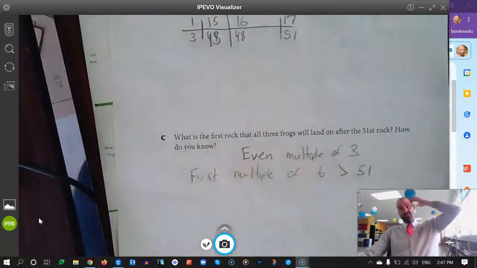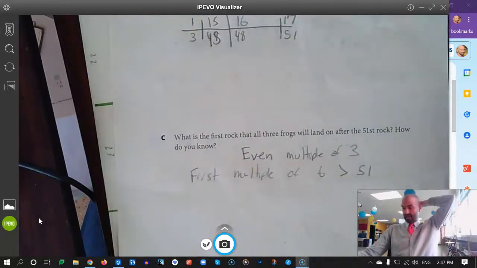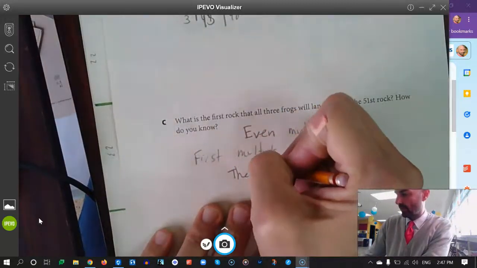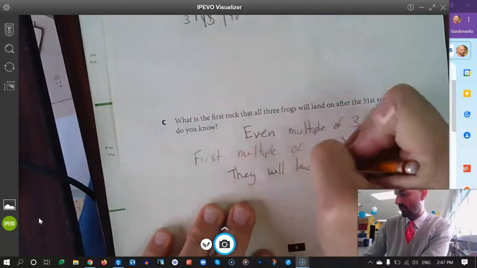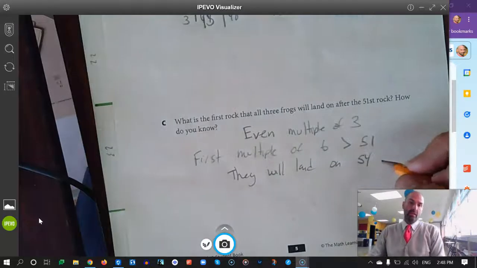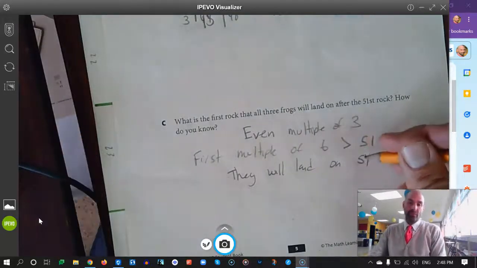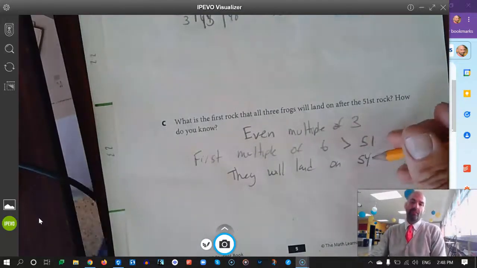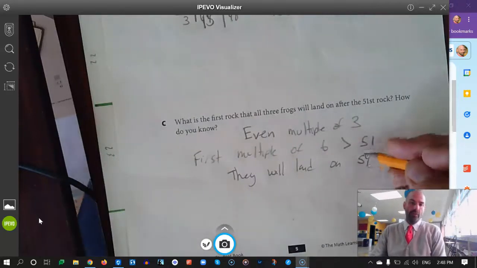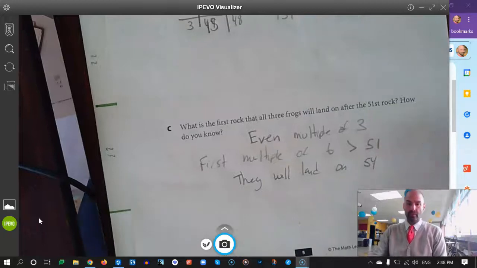If I'm counting by 6, 8 sixes is 48, 9 sixes is 54. So they all will land on 54. And I know 54 is a multiple of 6, a multiple of 3, and a multiple of 2. And no rock in between 48 and 54 will Sue land on. So they have to do that.